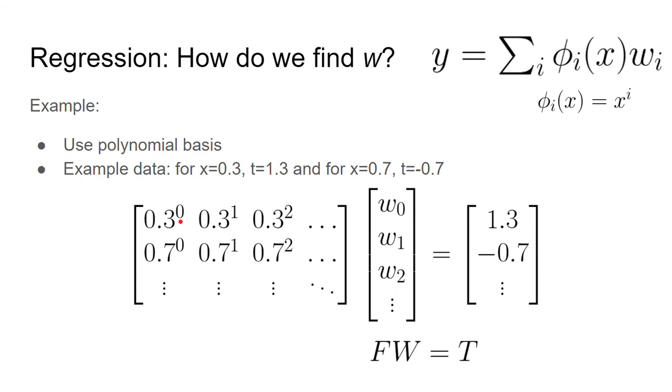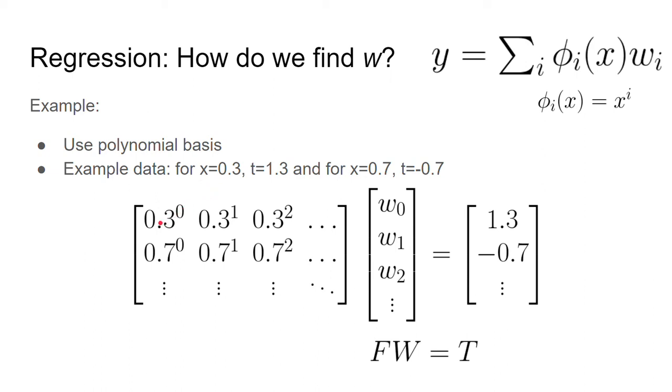Now, how do you normally do this? Well, there are lots of different ways of thinking about it. One way is to make a big matrix for each of my data points. Say I have a data point that says, for an input of 0.3, I want my output to be 1.3. I can ask, what do my features do for that input?